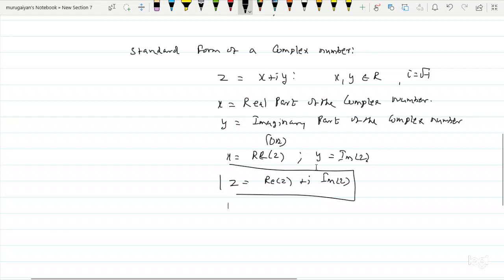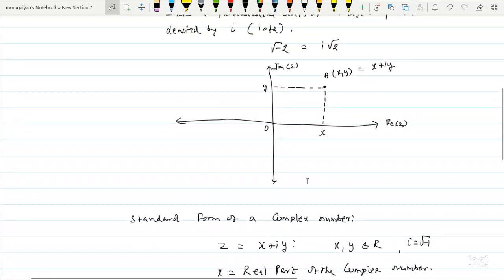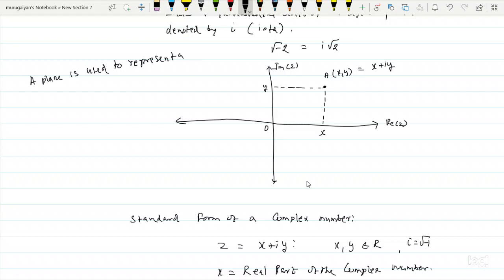Okay, if you look at the plane used to represent a complex number, a plane used to represent a complex number is known as the complex plane.